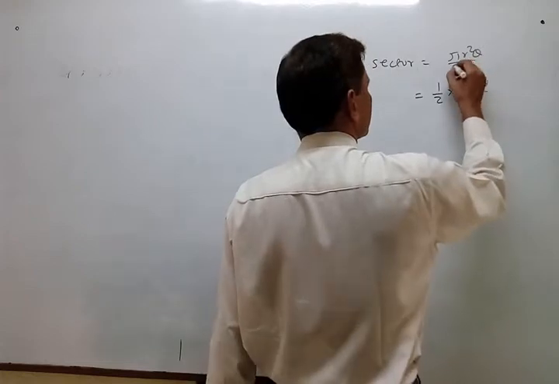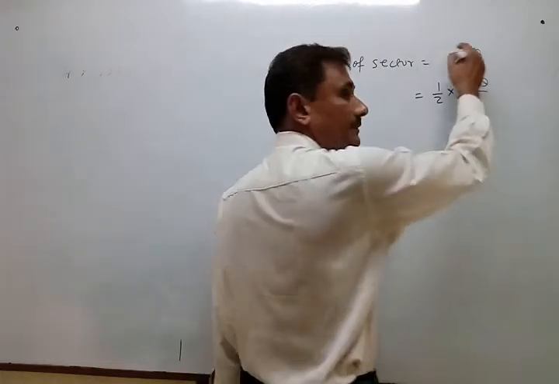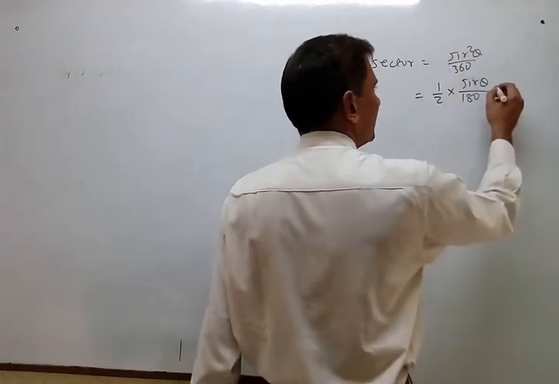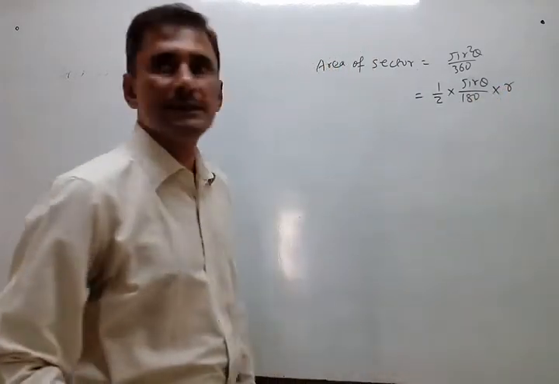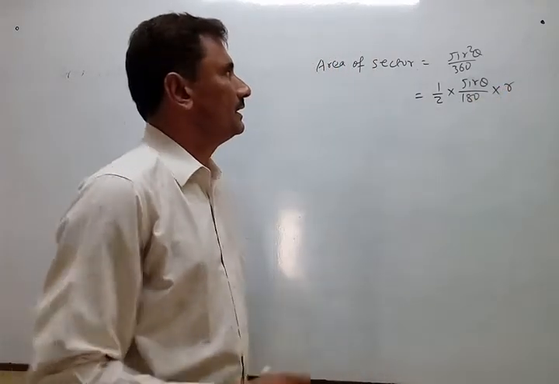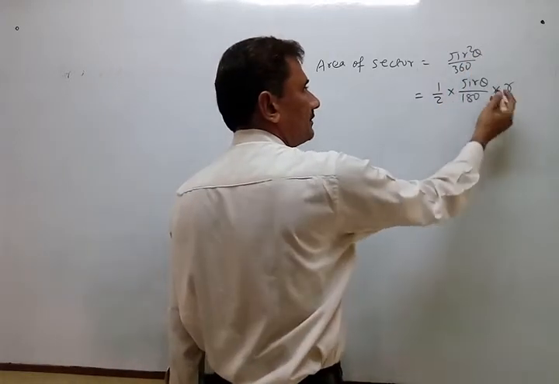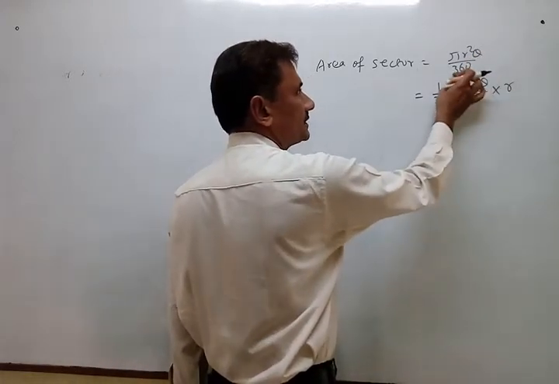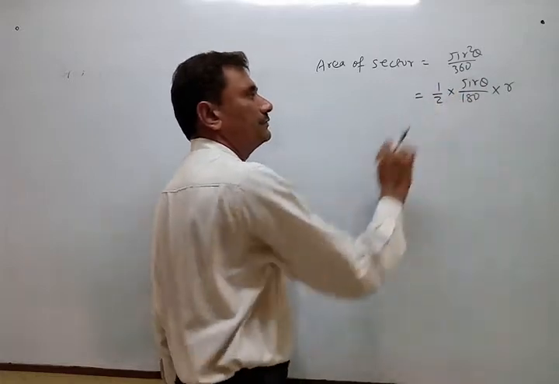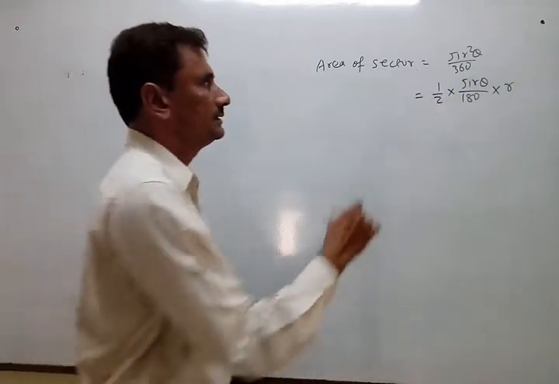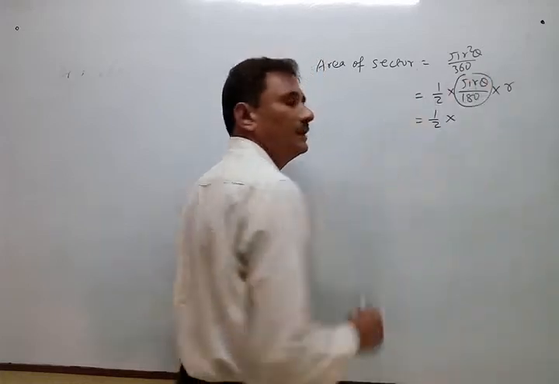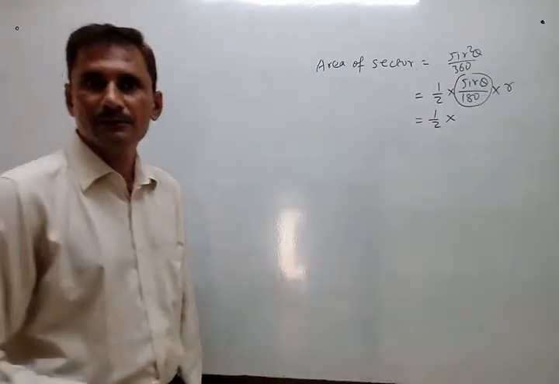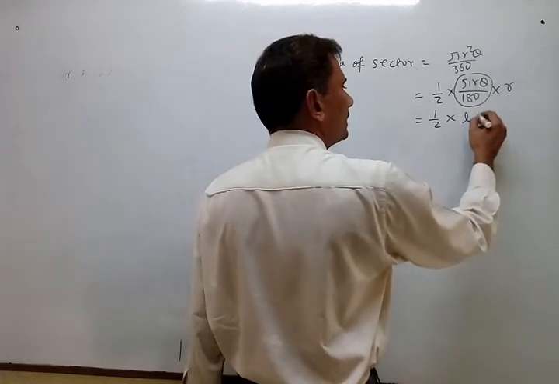Sorry, it is 360. This is the formula of area of sector. Now one r is left, so I modify that formula. Instead of r square I have written 2 times r, and instead of 360 I have written 2 into 180. So what can you write? Half. This is nothing but L, the length of the minor arc. So L into r.